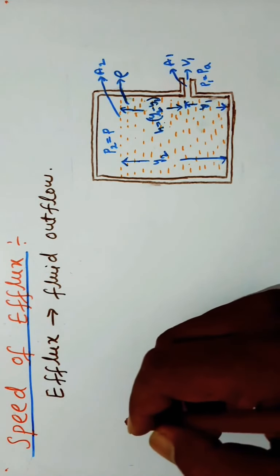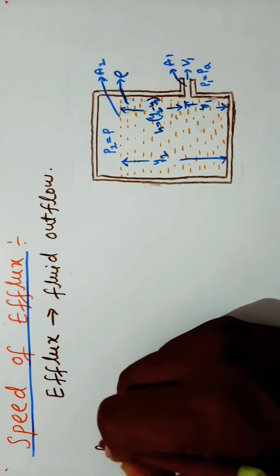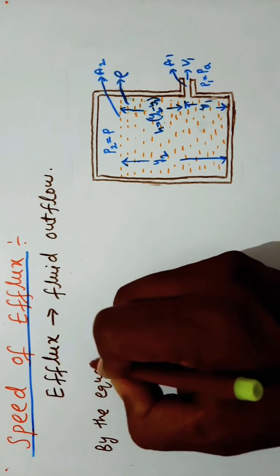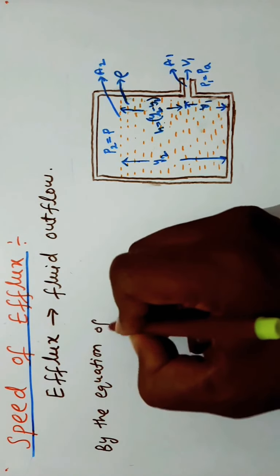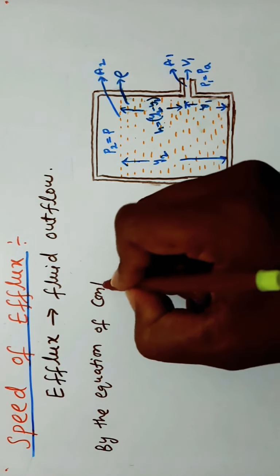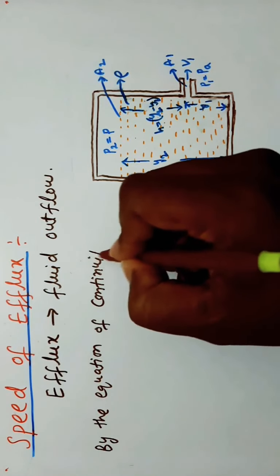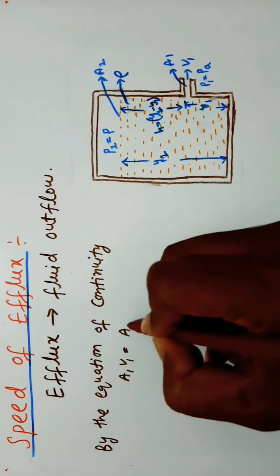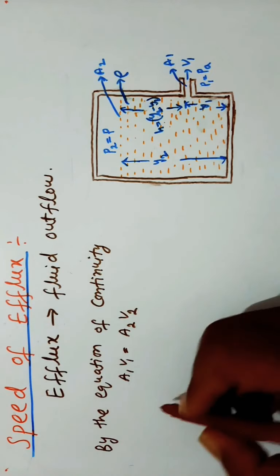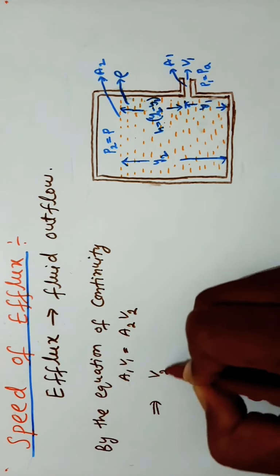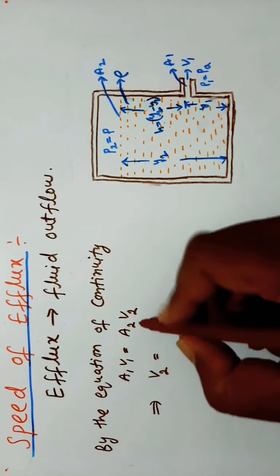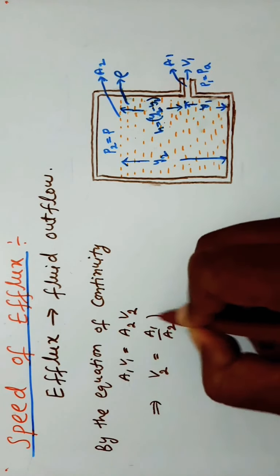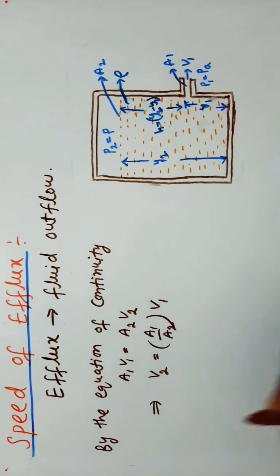By the equation of continuity, we know A1 V1 is equal to A2 V2. So from this we can write V2 is equal to, taking A2 to the left side, A1 by A2 into V1.